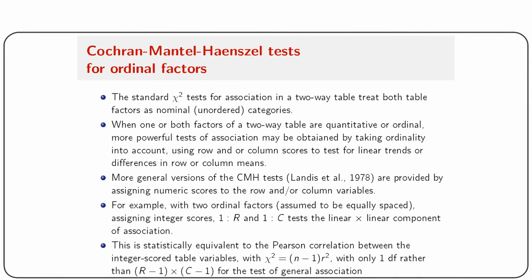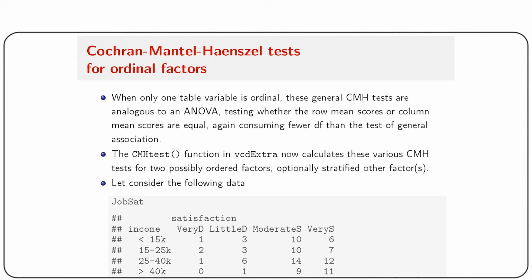This is statistically equivalent to the Pearson correlation between the integer-scored table variables, with chi-square (n-1) r squared with only 1 degree of freedom, rather than (R-1)(C-1) for the test of general association. When only one table variable is ordinal, these general CMH tests are analogous to an ANOVA, testing whether the row mean scores or column mean scores are equal, again consuming fewer degrees of freedom than the test of general association.